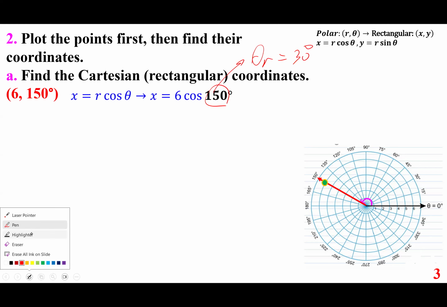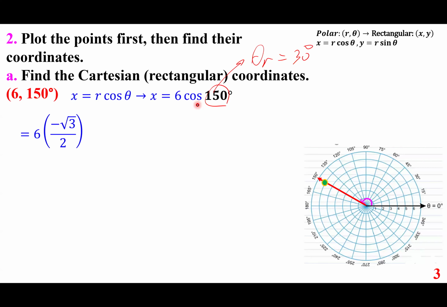That means the same as cosine of 30 degrees, which is square root of 3 over 2. However, cosine is negative in the second quadrant, so minus square root of 3 over 2, and we get negative 3 square root of 3.